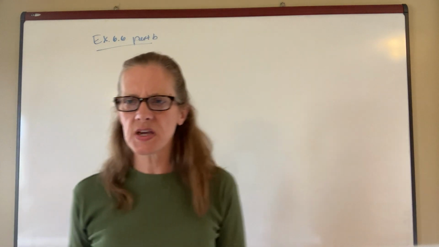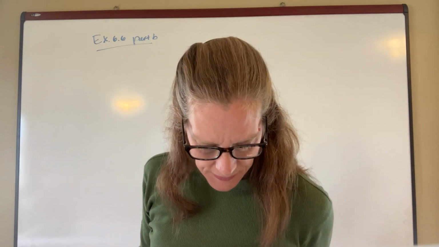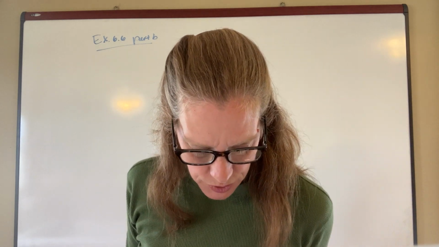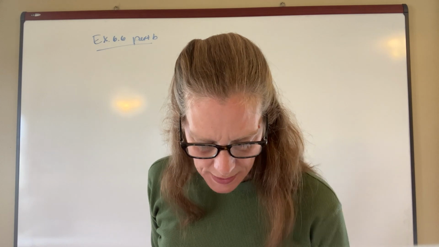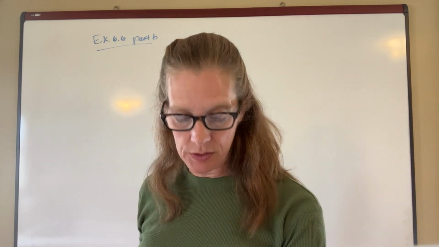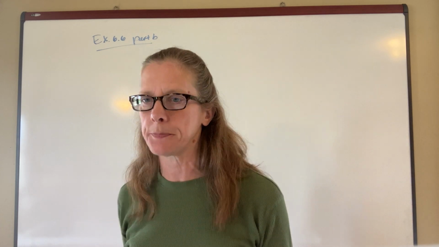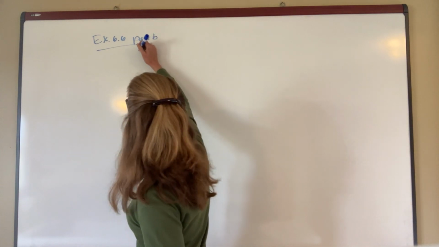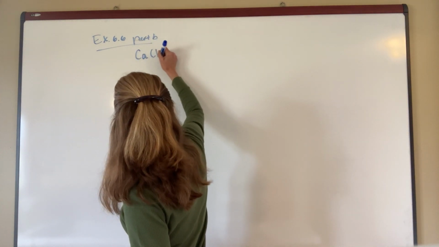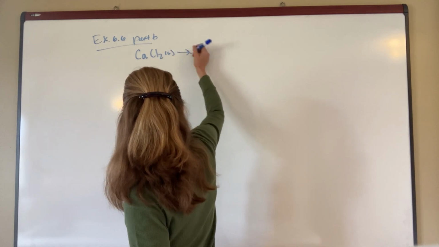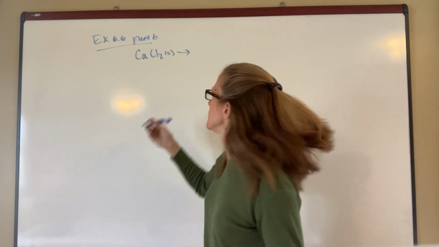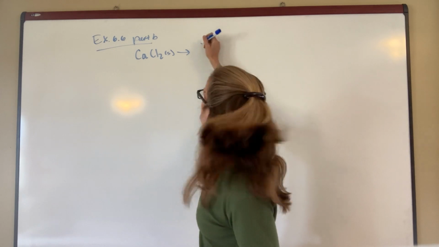All right, this time we have a 0.030 molar solution of calcium chloride. I'm trying to dissolve thallium chloride in it, and they want to know what the thallium ion concentration will be. So if I have a calcium chloride solution, and here again, I'm assuming that it dissolves completely because they said it was all in solution.